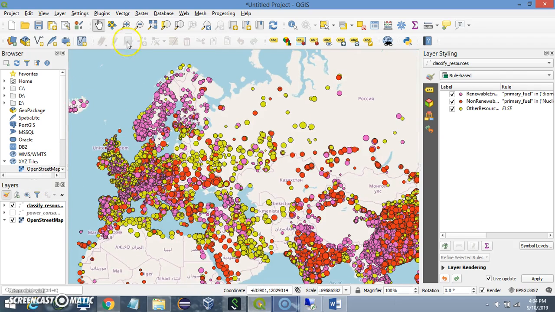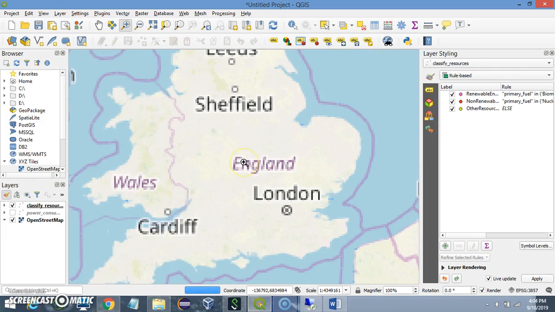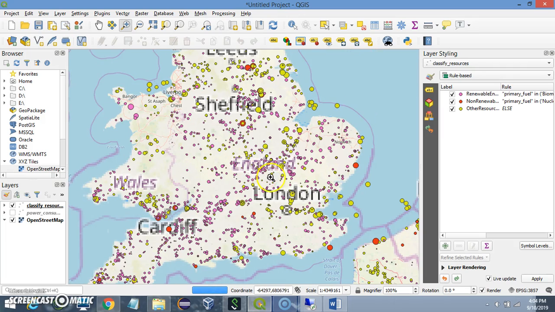I think if I zoom into this part, I can also find out the names of the cities.